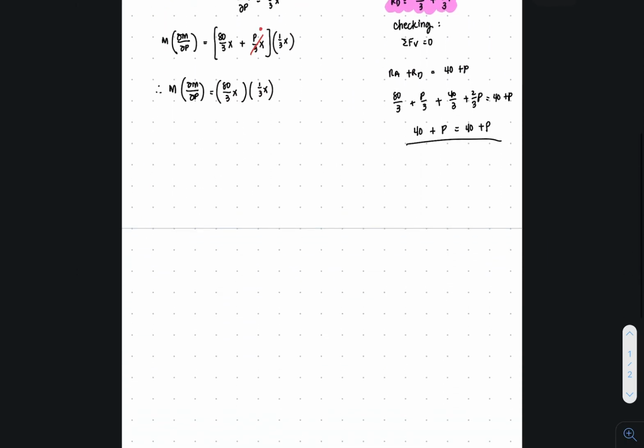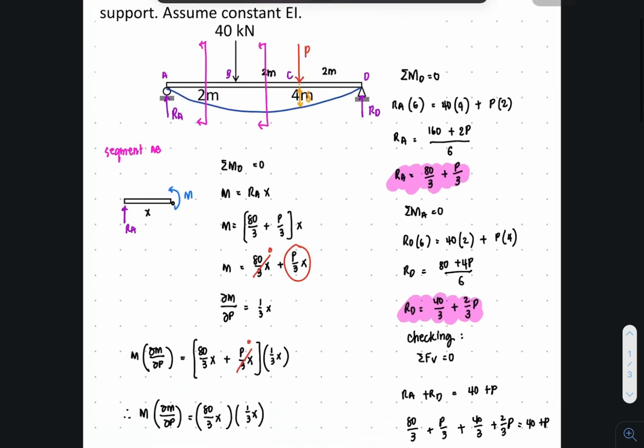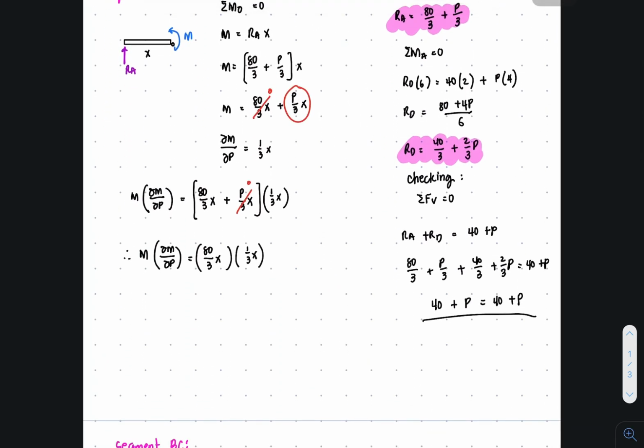So proceeding with the segment, I'll just rewrite here the segment BC and draw the segment, and then I'll place here the reaction RA, and of course we have the 40 here.